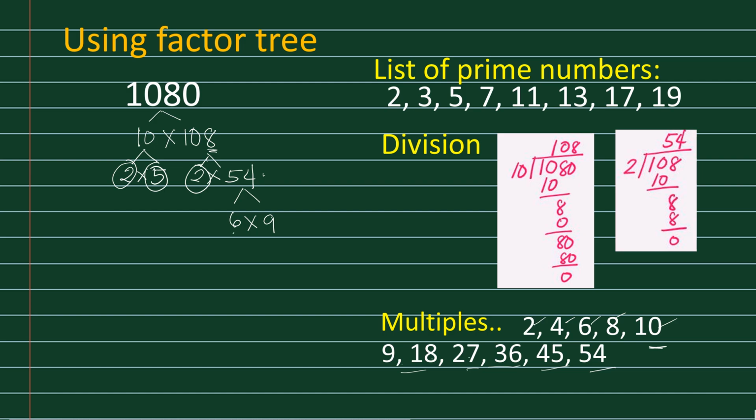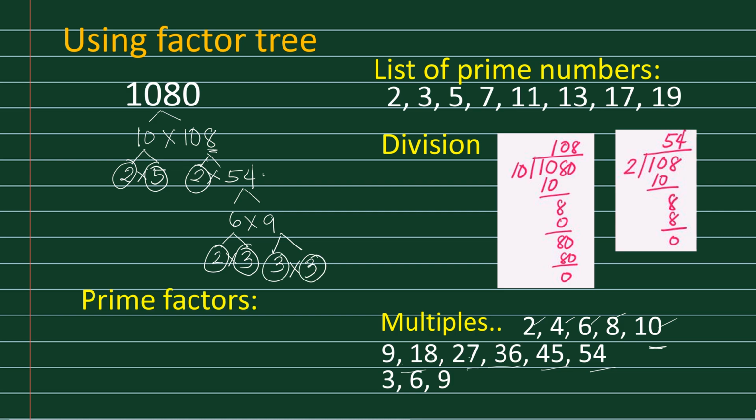So this is not prime yet. Let's break our 6 into 2 times 3. So the factor of 6 is 2 times 3. This is prime and this is also prime. Then for number 9, that is divisible by 3. So 3, 6, 9. So 3 pieces of 3. So 9 is 3 times 3. These are also prime numbers.